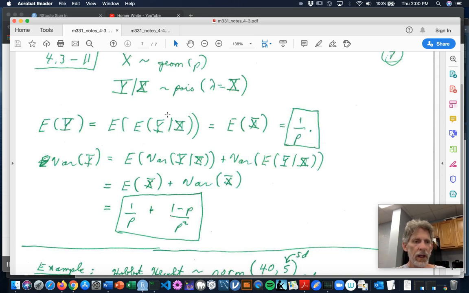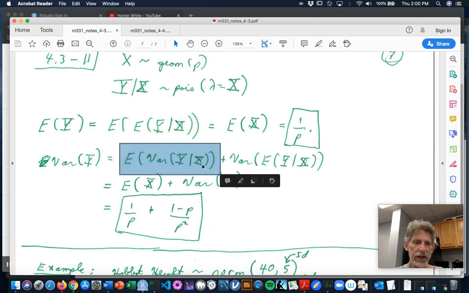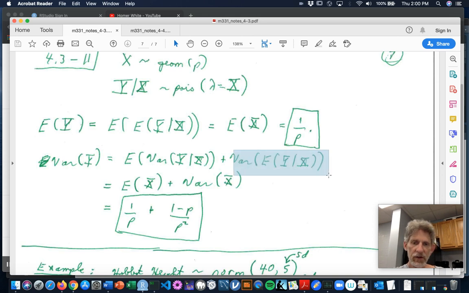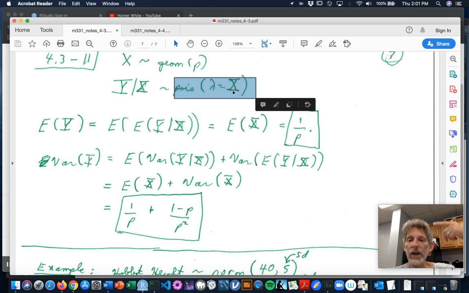Okay. Hey, let's use that conditional variance formula and get the variance of Y as well. So that's the expected value of the variance of Y given X plus the variance of the expected value of Y given X. Okay, let's think about this one. What is the variance of a Poisson? Well, the variance of a Poisson is also its lambda rate.